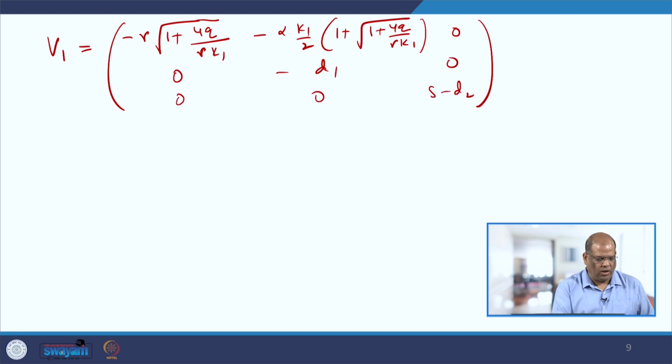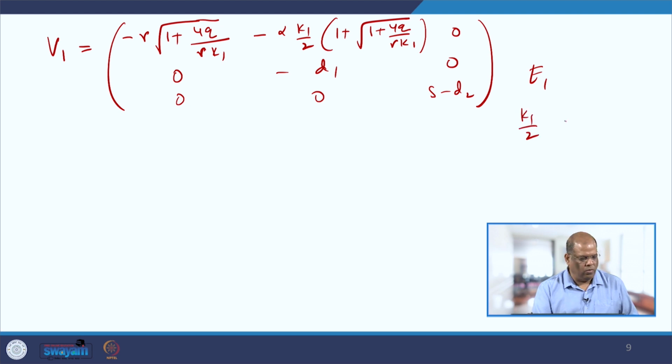This is for the equilibrium point E1, which is given by K1 by 2, 1 plus square root of 1 plus 4Q by RK1, comma 0, 0.